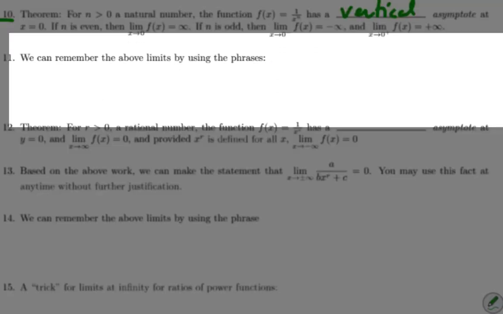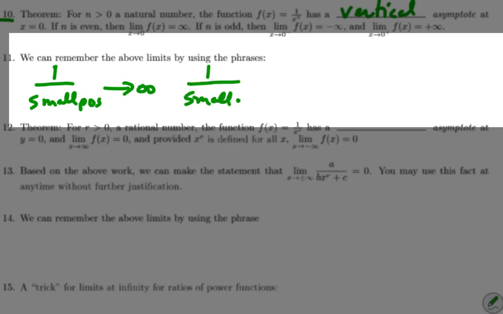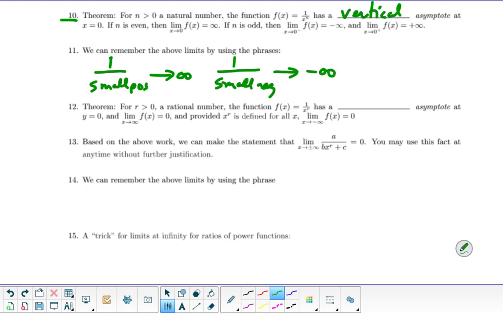As a reminder, we can remember these above limits by the phrase: 1 over a small positive number approaches infinity, and 1 over a small negative number approaches negative infinity. Okay? Now, this is just a recap of section 2.4. Okay, that's what we did, that's what you've been working on.